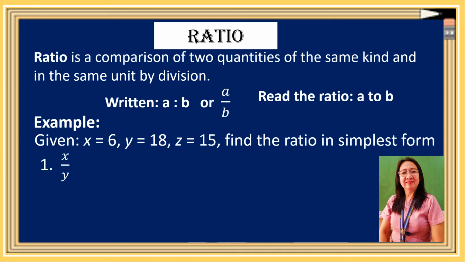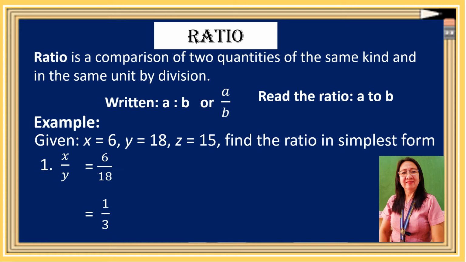By substitution of values, x is equal to 6 and y is equal to 18. Since 6 and 18 are both divisible by 6, dividing both the numerator and denominator by 6, the simplest form is 1/3. So the ratio of x to y is 1 to 3.